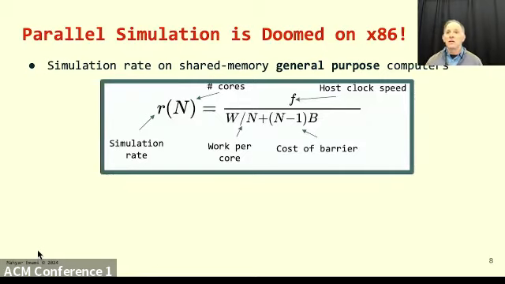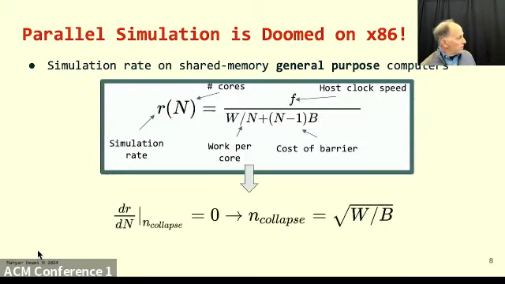We're assuming that the cost of the barrier is linear in the number of cores. You could make it logarithmic, and it doesn't really change the analysis either. So you compute the derivative, and you get the point at which the performance is maximum. We call it N collapse, and it's proportional to the square root of the work divided by the cost of the barrier. And this is the crucial ratio.